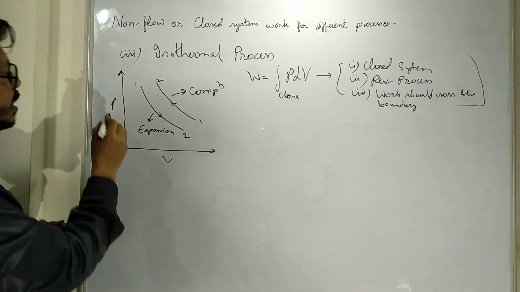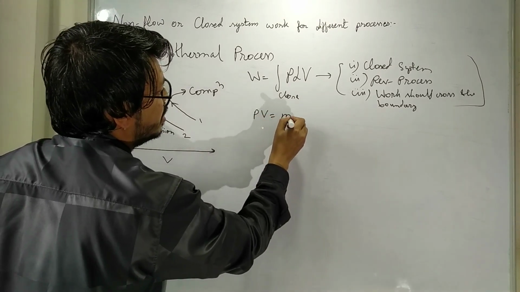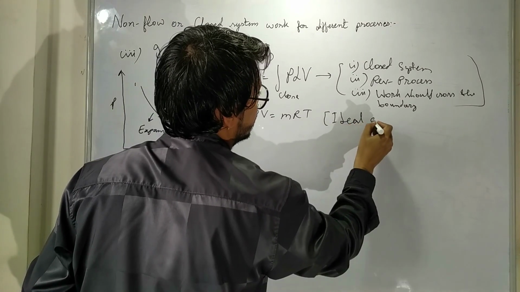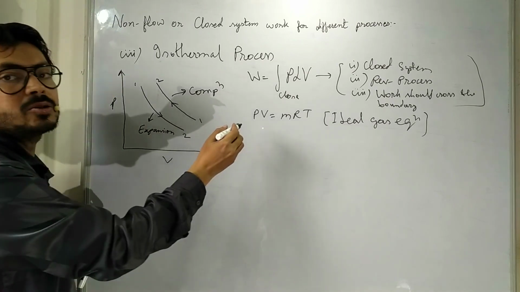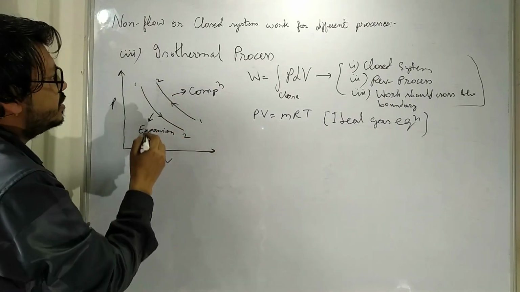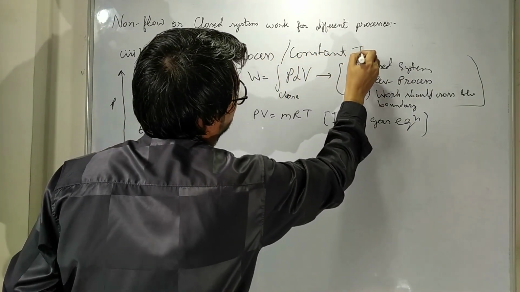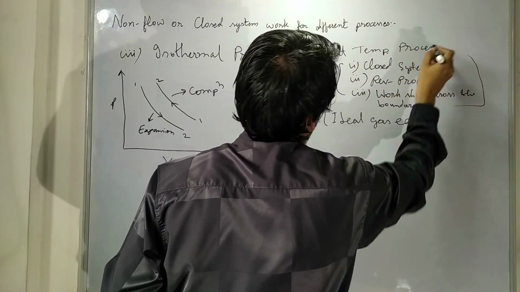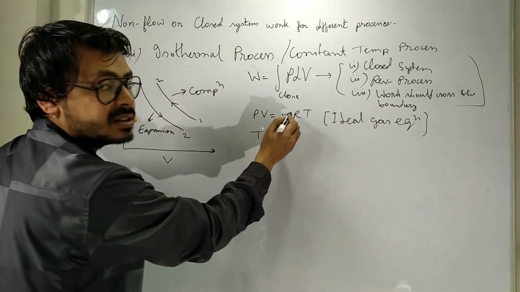Now, since we know that PV equals mRT, this is from the ideal gas equation. Since it is an isothermal process, that means constant temperature process, T is constant here, m is constant, R is constant.